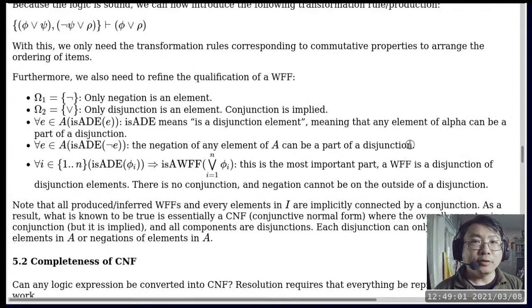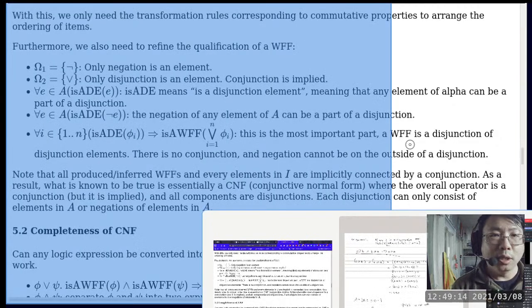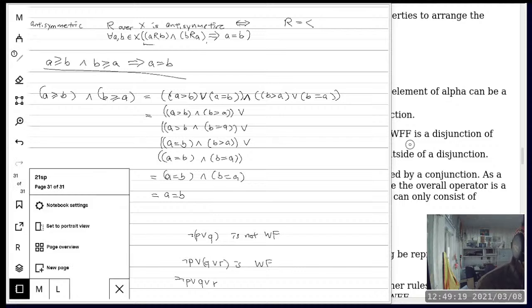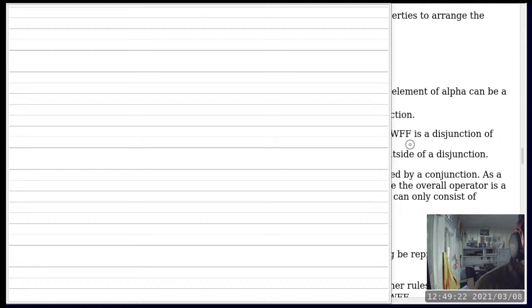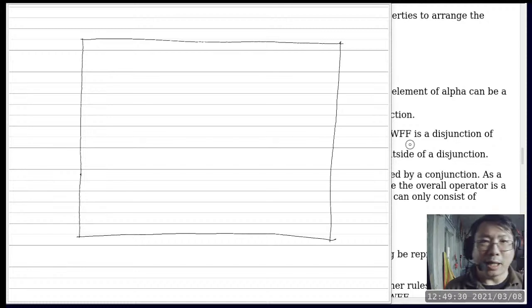Now, one thing we have to remember is all the well-formed formulae that are known to be true, they're all anded together. Let me give you a more visual representation. Let's say this is the space of all the well-formed formulas, and now we can put it in as a box, because by using this restriction, now we have a finite well-formed formula space.